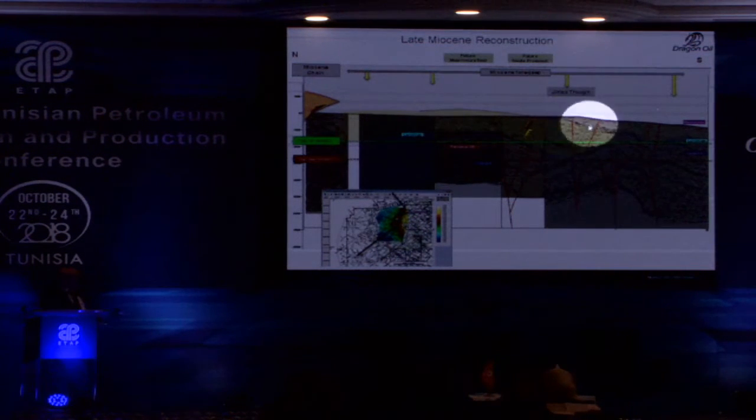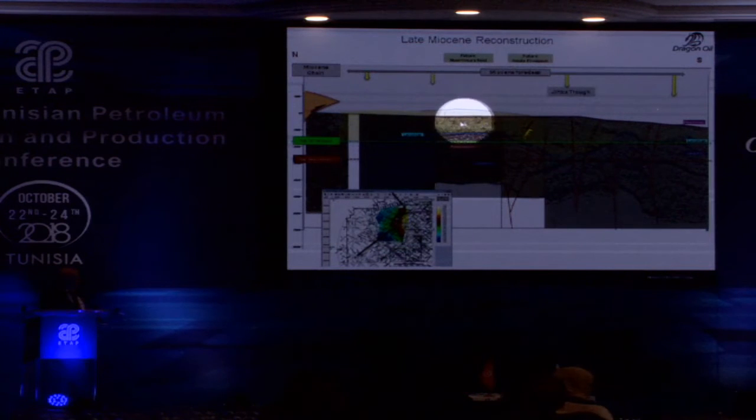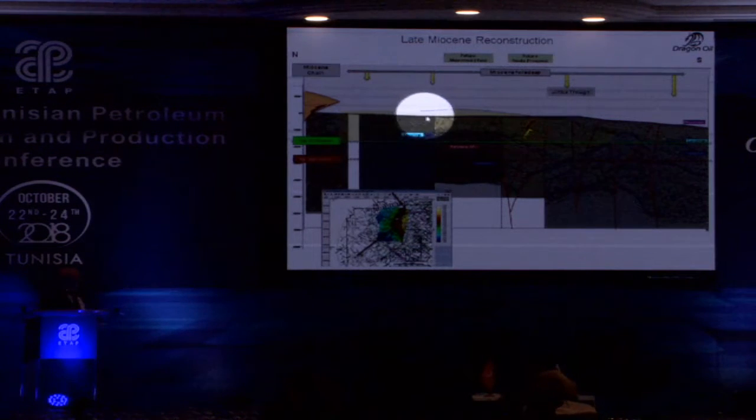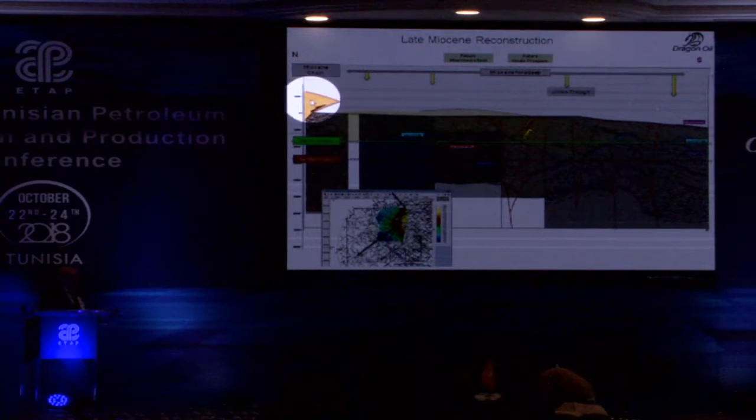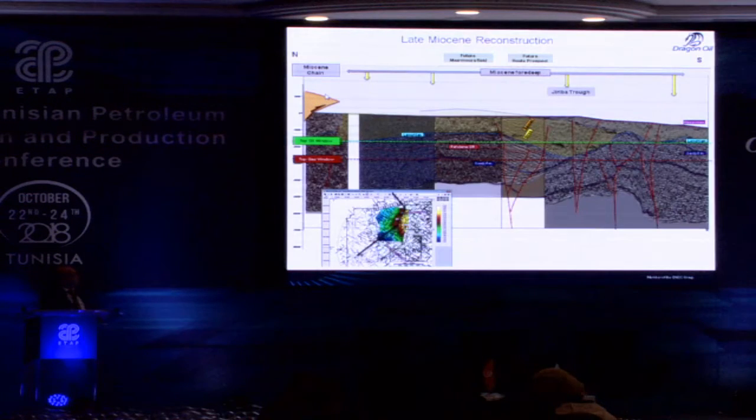Jiriba trough, very thick, Birsa Swaf, and on the high, thin sections. And some of it was already also eroded during the Miocene.